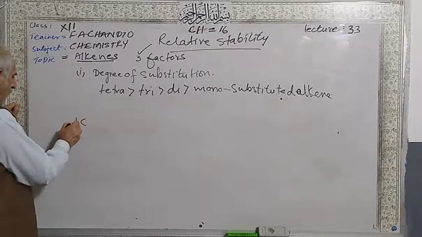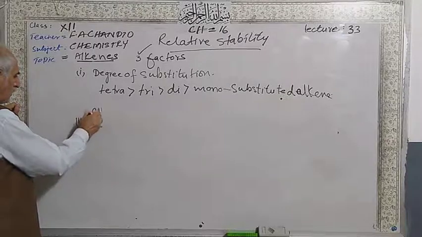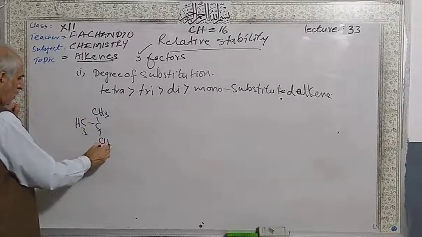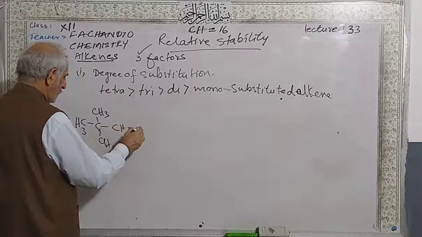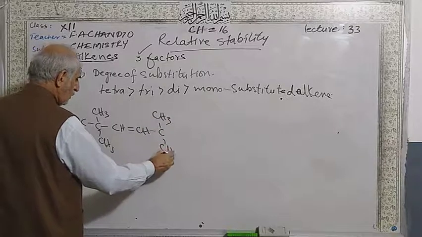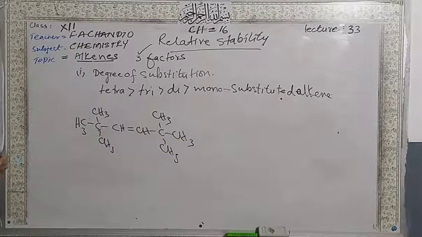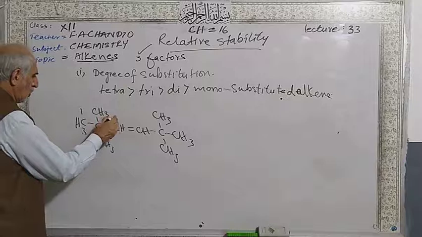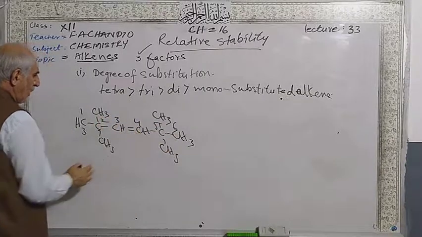Just like this is the highly alkylated one. 1, 2, 3, 4 branches. 1, 2, 3, 4, 5, 6, 7.